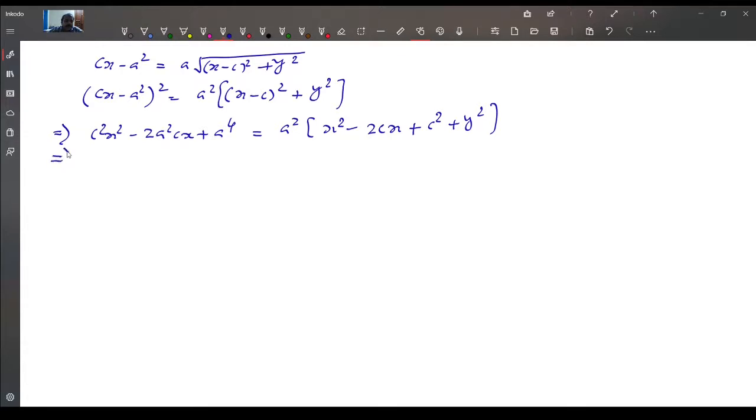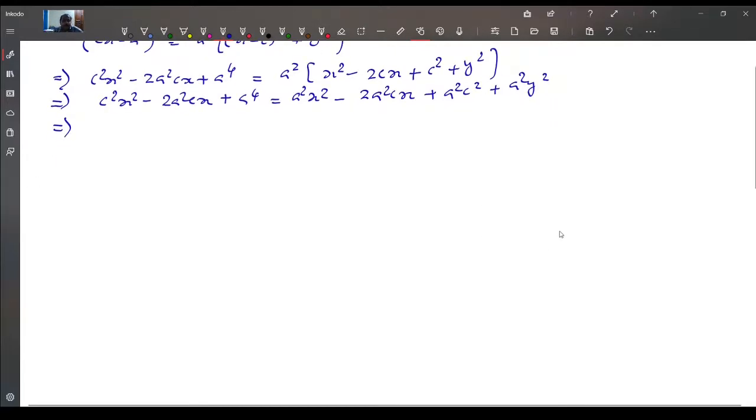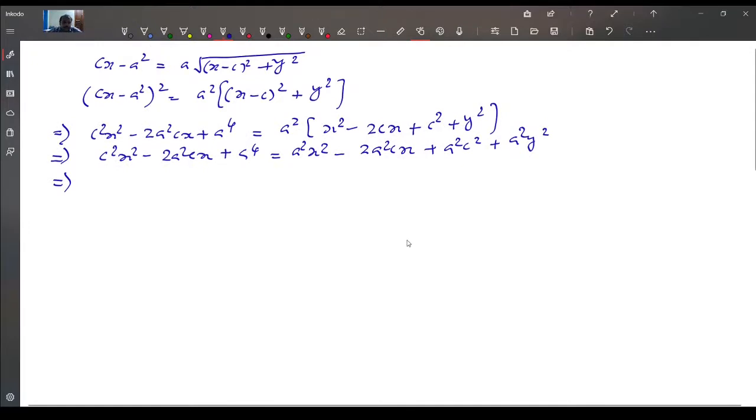So this implies c square x square minus 2a square cx plus a raised to 4 is equal to a square x square minus 2a square cx plus a square c square plus a square y square. So you can cancel 2a square cx on both sides.